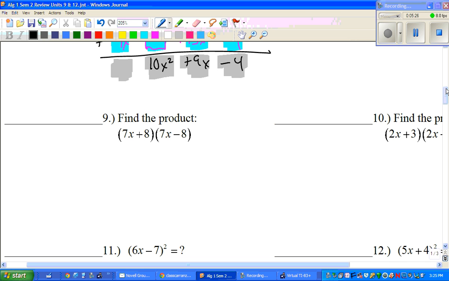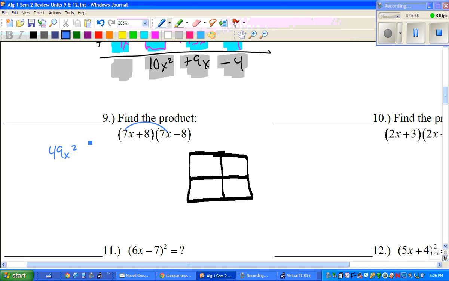9. Find the product. Remember that we need to multiply, and we talked about 2 different ways to multiply. You can multiply in the box method, or you can FOIL. Okay? I'm going to FOIL. So 7x times 7x gives me 49x squared. 7x times negative 8 gives me negative 56x.